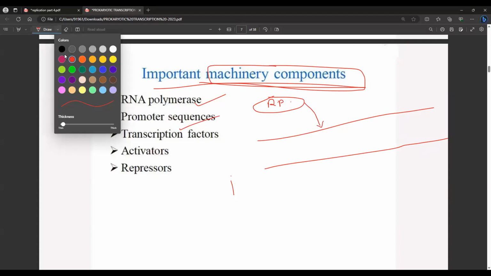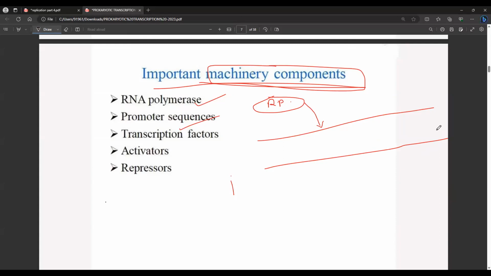This is a very big DNA. Where does the RNA polymerase attach to the DNA? RNA polymerase has a specific sequence on the DNA. The sequence where the polymerase will come and attach is called the promoter.